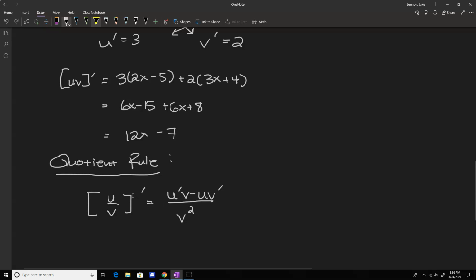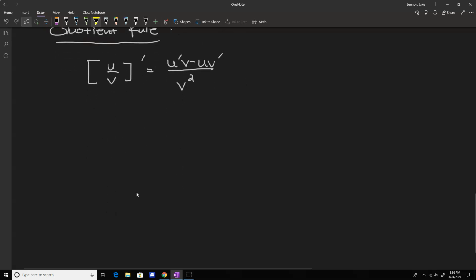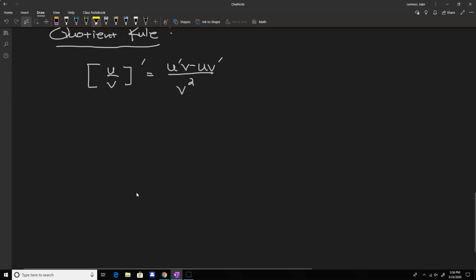Okay, so again, really what we want to do is just be sure that we're getting the setup correctly here and plugging things in. So we'll see how to do that. Notice there is a minus, so you don't have the symmetry in top that you do in the product rule. Since the product rule is a plus, you can kind of change the order around and it won't matter.